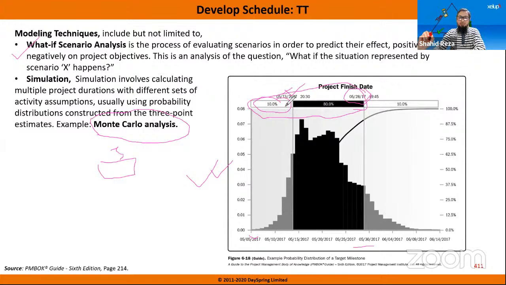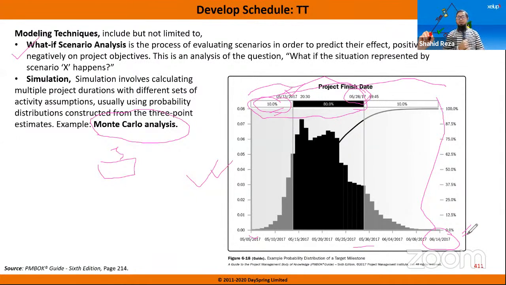But if you target 13th May, then only 10% probability is there. And if management wants 100% surety, then you have to say that 16th of June is the day when we can say we are 100% sure we can finish the project.